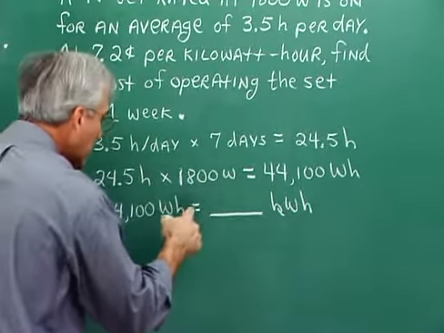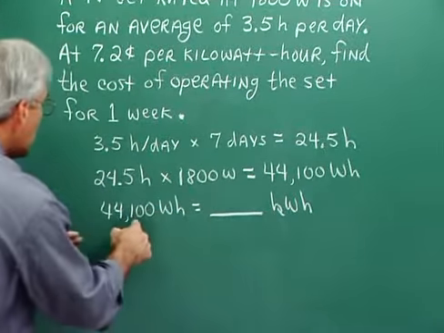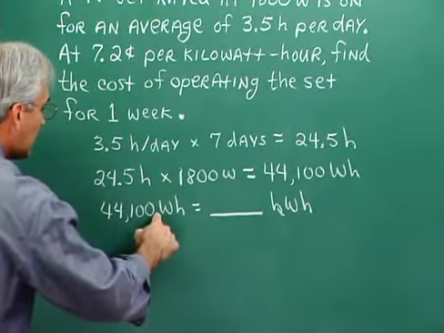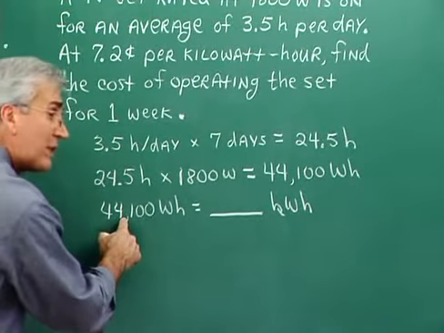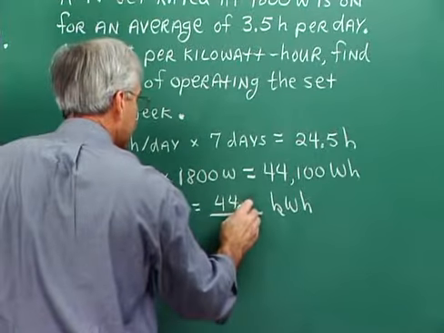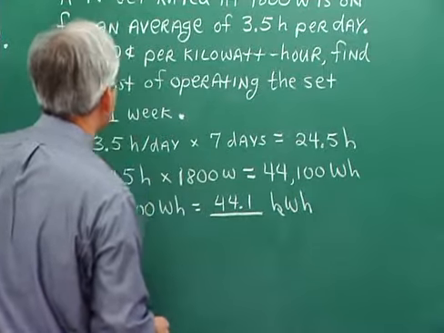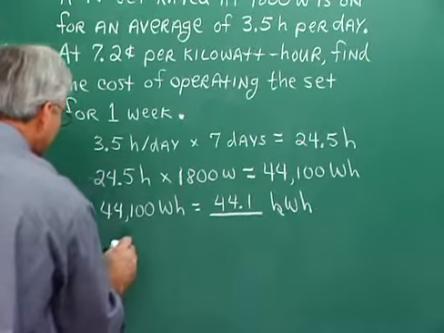There are 1,000 watt hours in 1 kilowatt hour, so we're dividing by 1,000. Divide this by 1,000, slides the decimal 3 to the left, and we have 44.1 kilowatt hours.